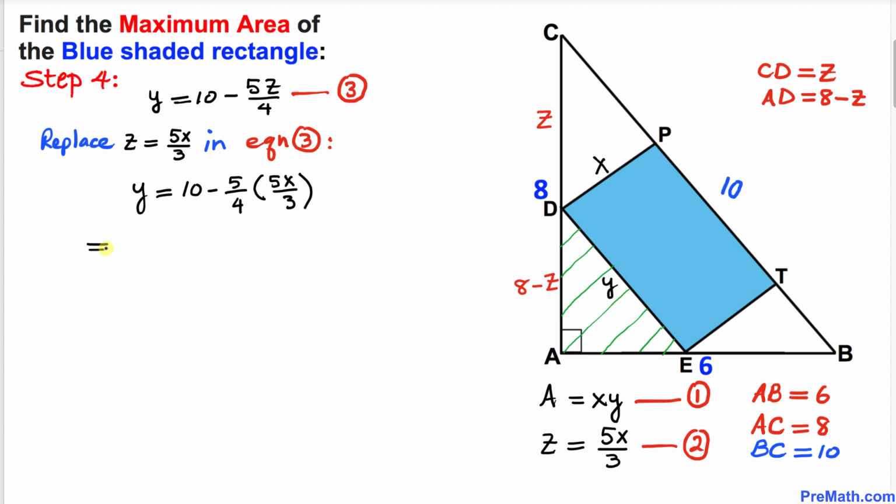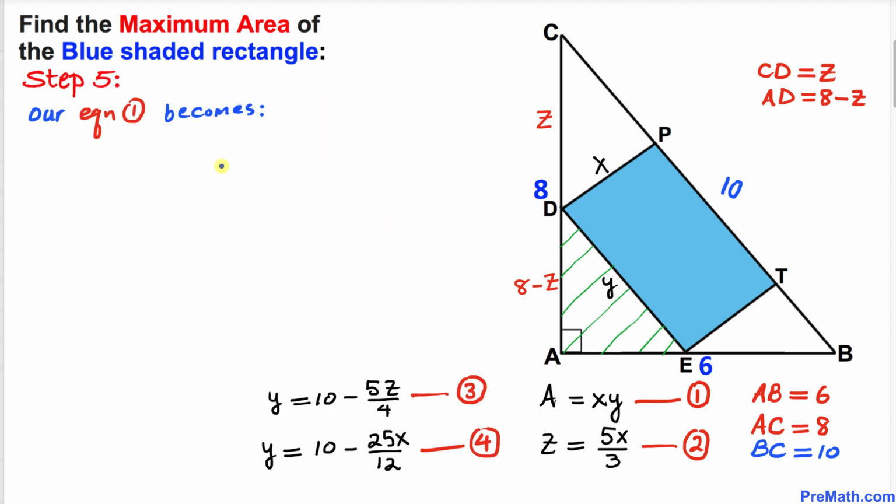So let's simplify this. So y is going to be equal to 10 minus 25x divided by 12. And let me call this equation 4.